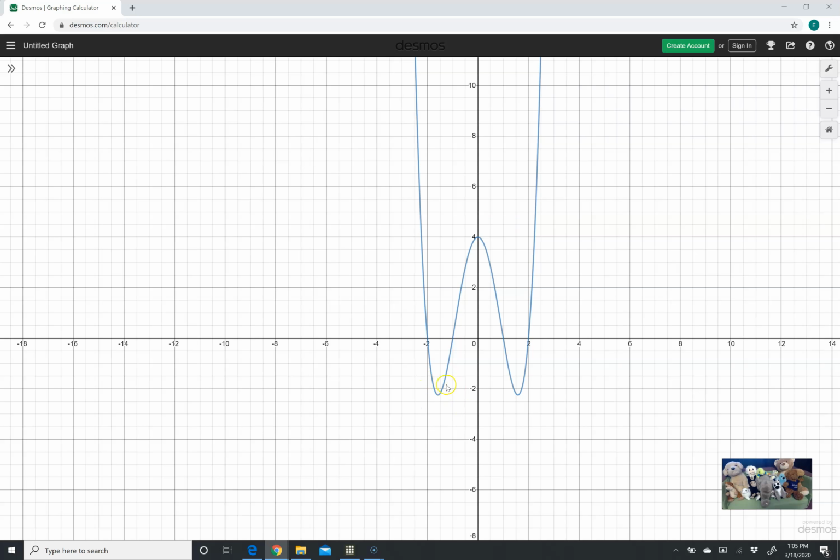And then as we approach our turning point, so here's our turning point, we go from decreasing to increasing. This is a minimum. And this would actually be called an absolute minimum because it is the lowest point in the graph. And you could see another minimum over here. It's okay to have two absolute minimums, that's fine. Because both of these have the same y value, so that's all right.